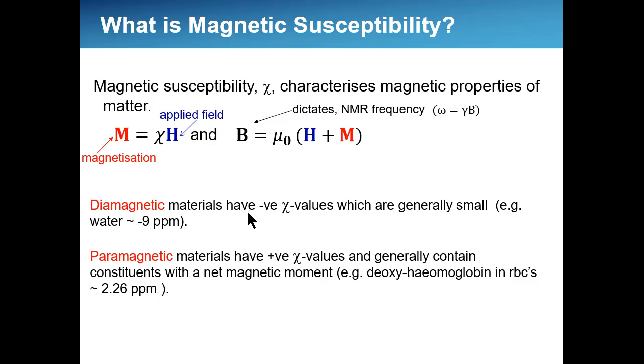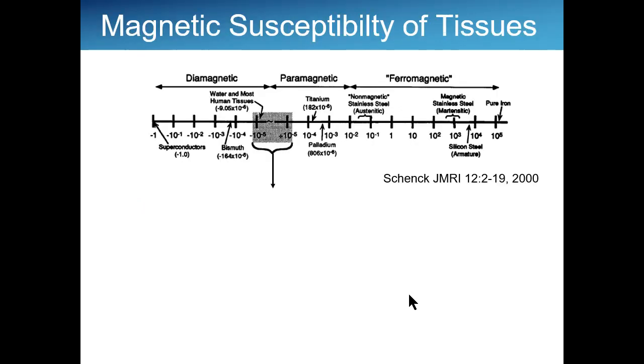When we're thinking about living systems, aqueous samples, they generally have small negative susceptibility values, around minus 9 parts per million for water. And then paramagnetic materials are materials which contain intrinsic material which gives individual magnetic moments which statistically line up with the field. In the context of MRI, it's often things containing iron like deoxyhemoglobin which give rise to paramagnetic effects.